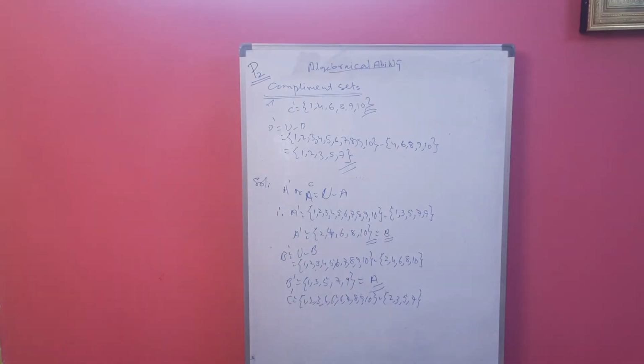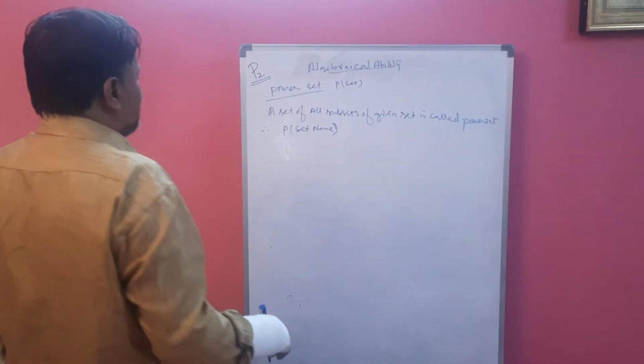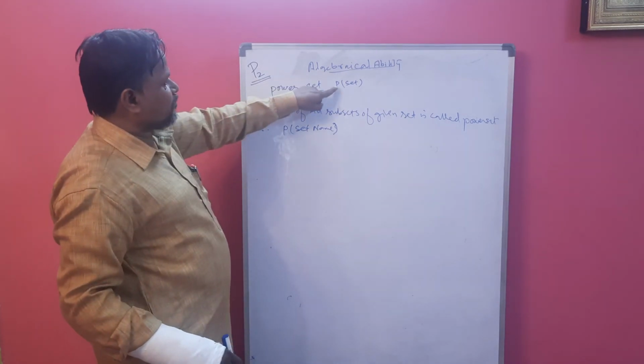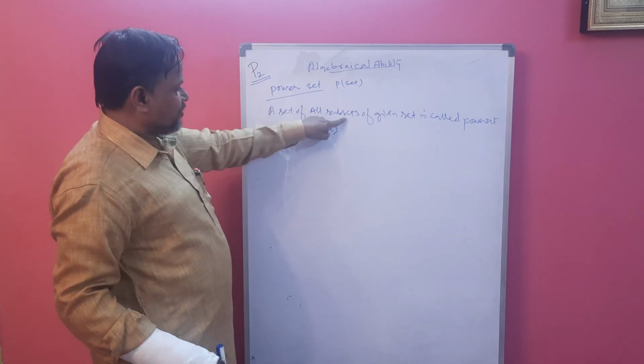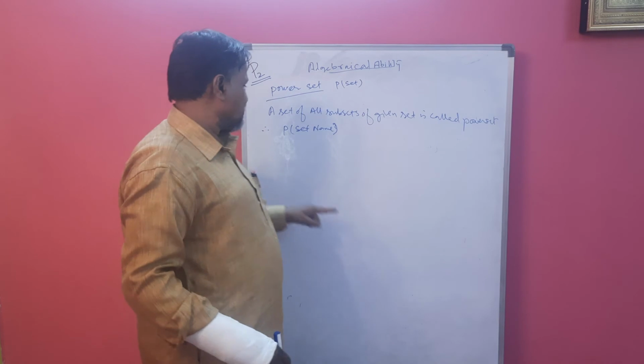Now some special properties on complements we will do later. Now power set. How to represent power set and what is power set actually? See here, power set means P of the set name: a set of all subsets of a given set is called the power set.